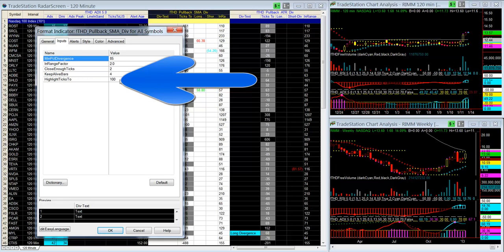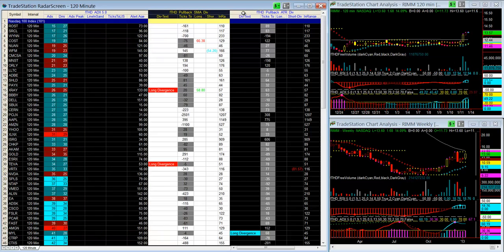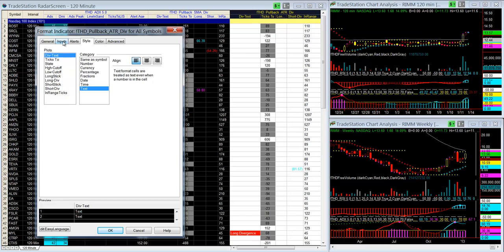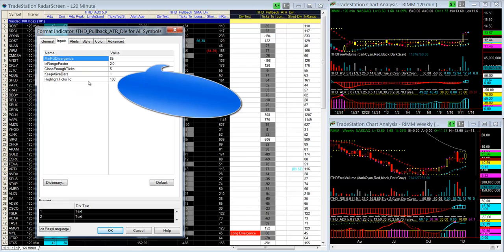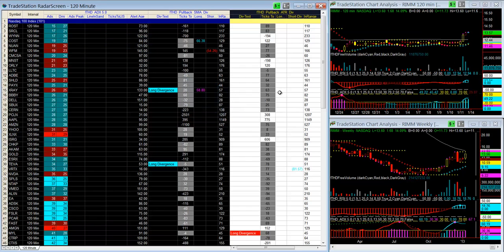That means when it gets 100 ticks away from the SMA, it will highlight the stock in gray. The same thing on the ATR. Now, some of these, if the price is real low, will be quite a distance from the ATR at 100 ticks. But I like to trade the higher price stocks because, of course, they have more volume. So overall, this would work for me.